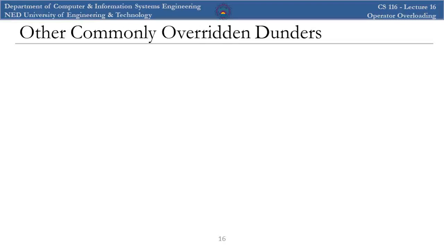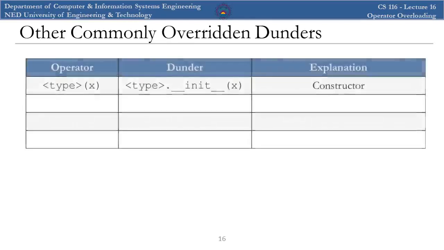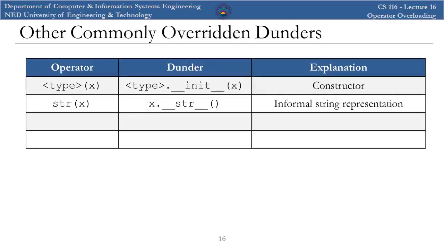At the start of this lecture, I told you that apart from operators, you can also override operations. So here's a small list of such operations that we have already used. We have overridden this method init. We know how to use it or when it is called. We have also overridden this method, the str method. We know that this is executed whenever an object is printed. We have not used this repr.